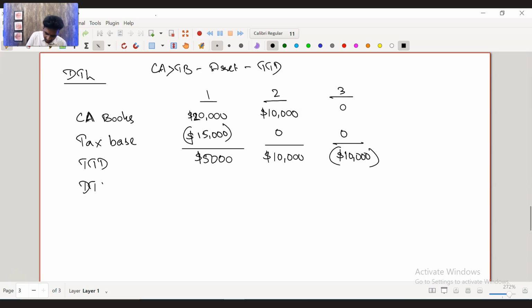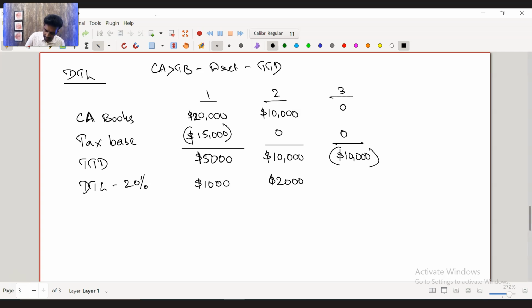So let's say your deferred tax liability, since it's a taxable temporary difference, is at 20%. So in the first year, what will be your liability? 5,000 into 20%. So that is 1,000. Second year, 10,000 into 20% will be 2,000.